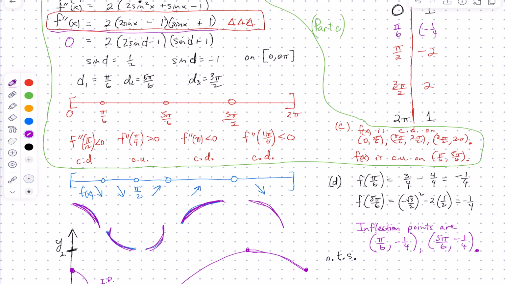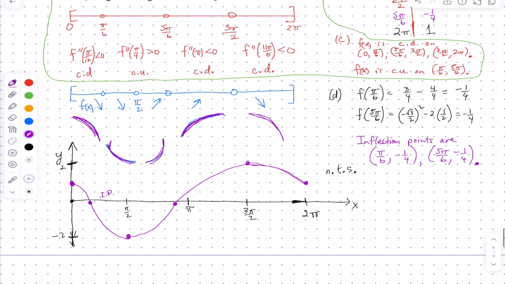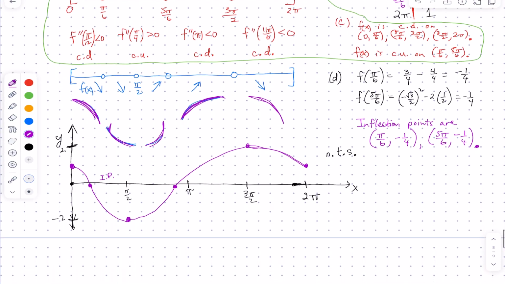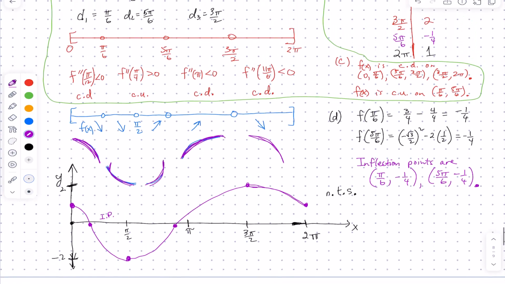And then we could do 5 pi over 6 here, and write negative 1/4. And we're almost ready. In fact, I think we are ready to make a rough sketch of this function.